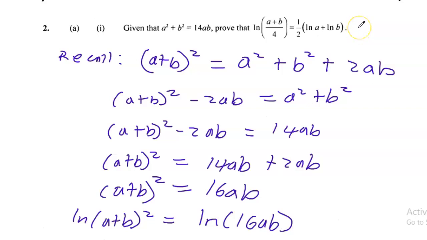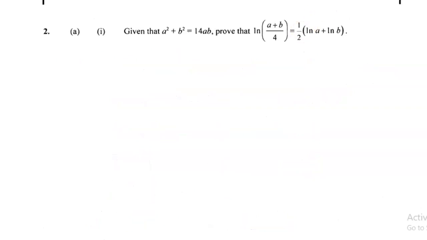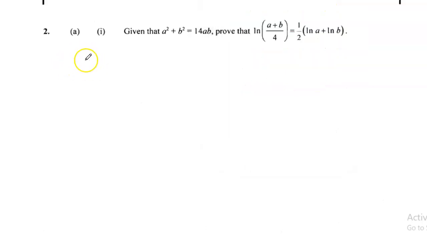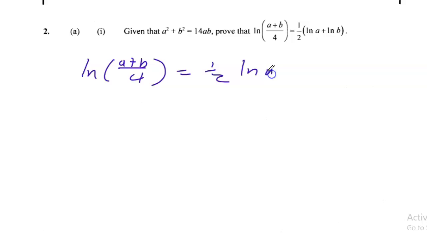Alright, let's do this proof using another method. Another method would be to begin with the equation ln (a plus b upon 4) equal to half ln a plus ln b.